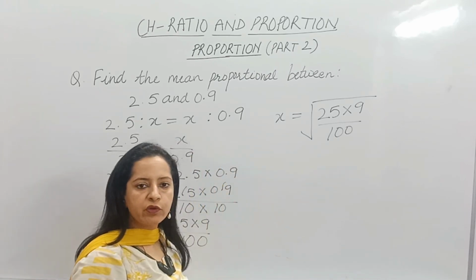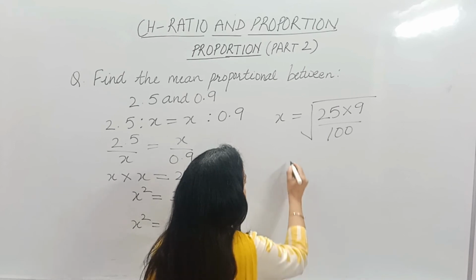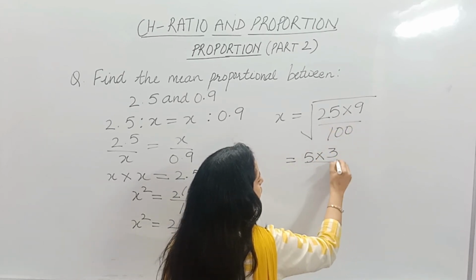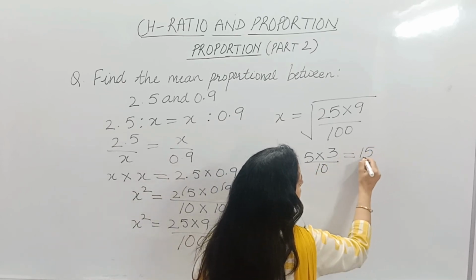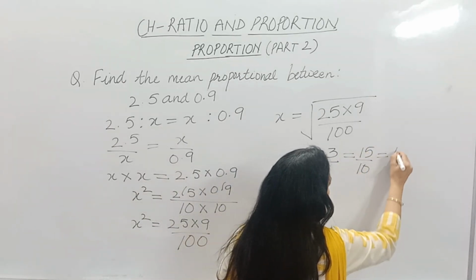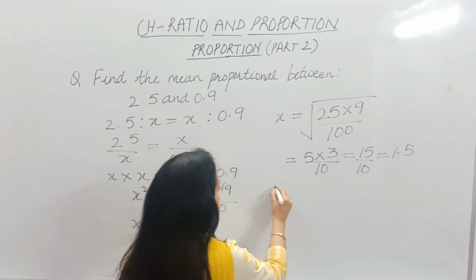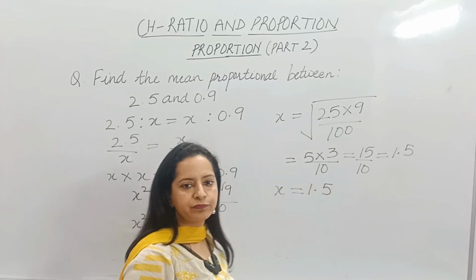Now finding the square root, we have square root for 25 is 5. Square root for 9 is 3 upon square root of 100, that is 10. We can write 15 upon 10, which is equal to 1.5. So now we have got the value of x, that x is equal to 1.5.